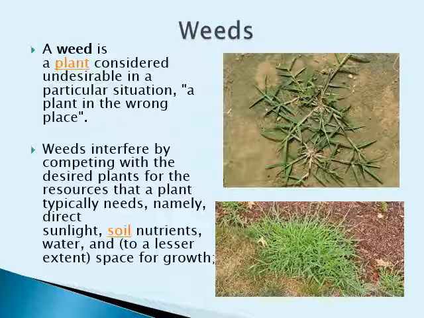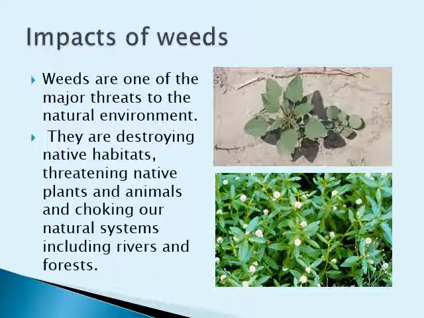So if you see in this picture, there are weeds which grow by themselves. They do not allow the good plants to grow properly, and they inhibit their growth as well as take up all the nutrients. Now in this slide we are going to study about the impacts of weeds. Weeds are one of the major threats to the natural environment.